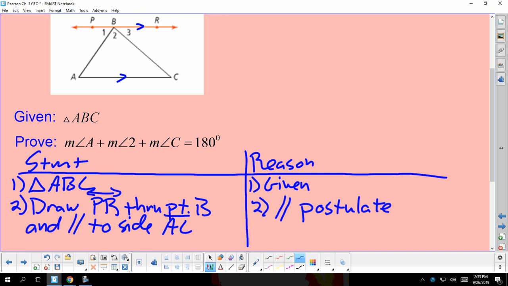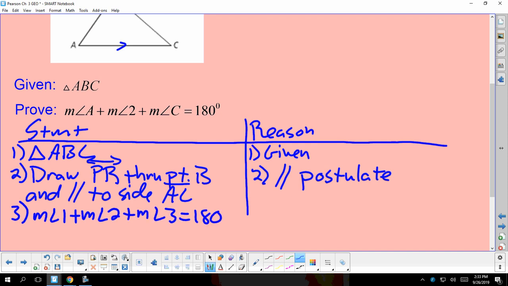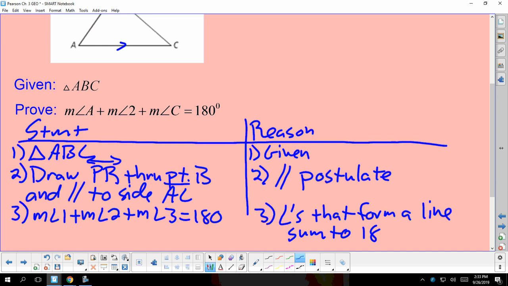So, the measure of angle 1 plus the measure of angle 2 plus the measure of angle 3 equals 180 degrees. Angles that form a line sum to 180.